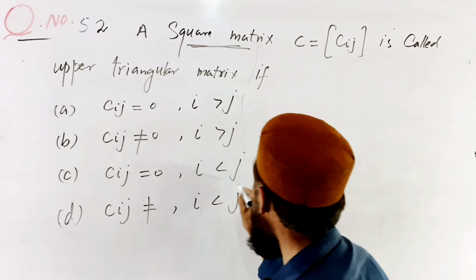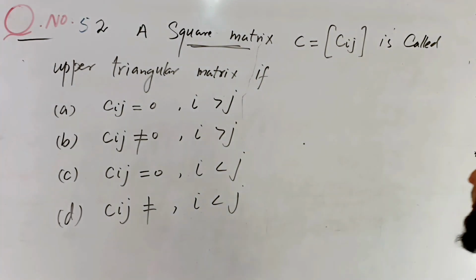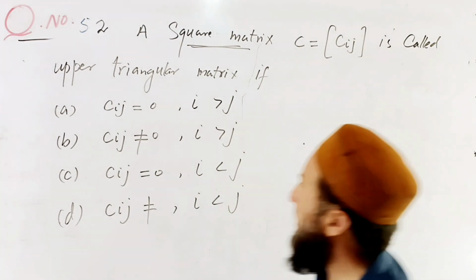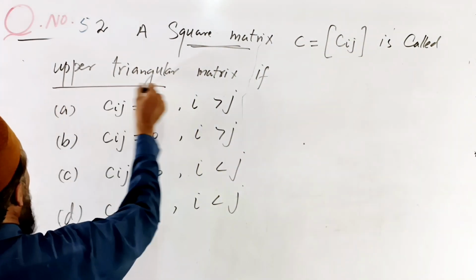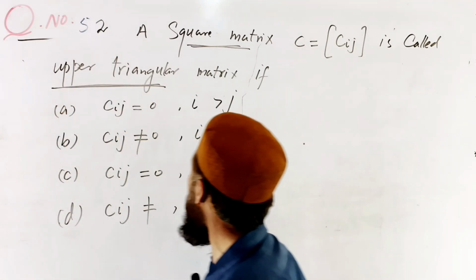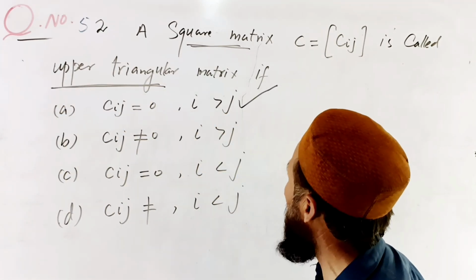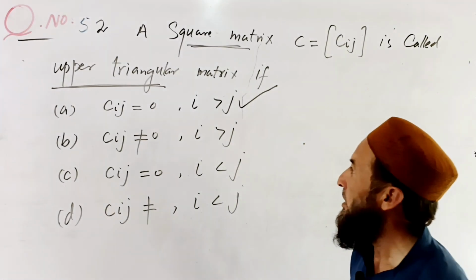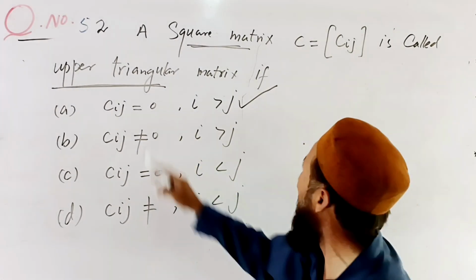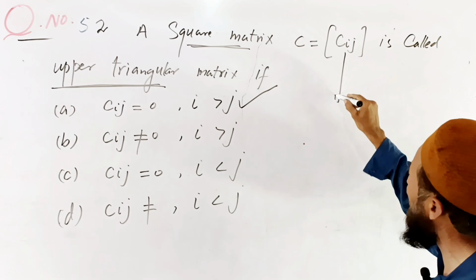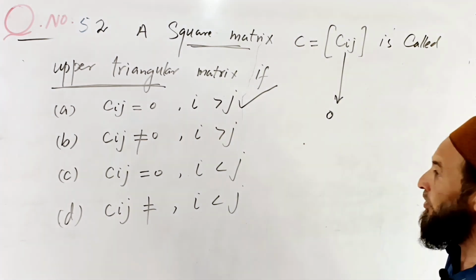So here, given the upper triangular, it means that we are getting the value of Cij for i greater than j, but Cij is also equal to 0.